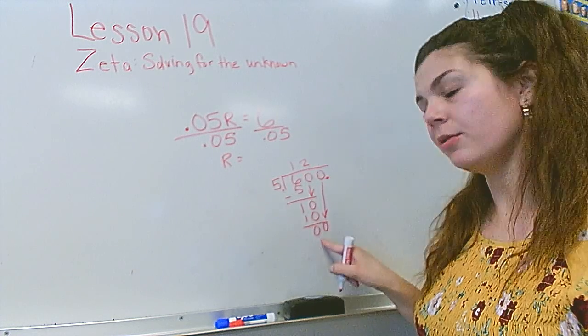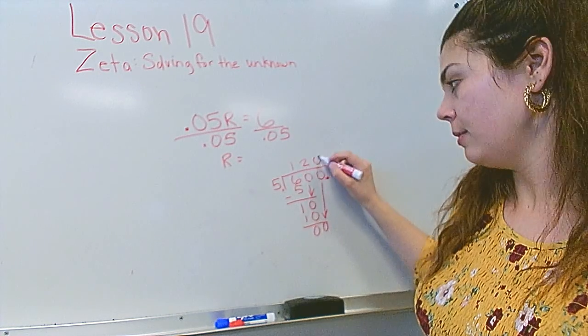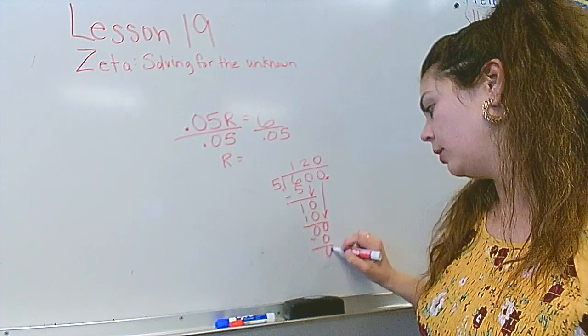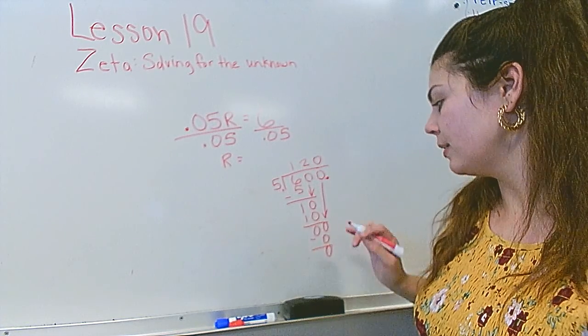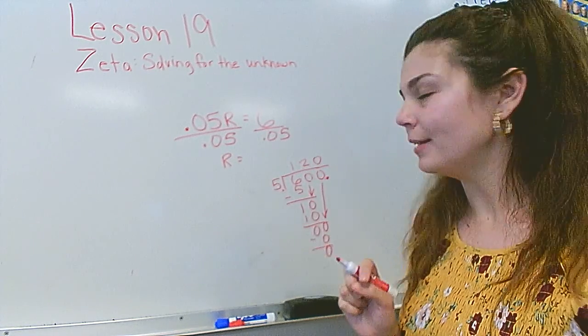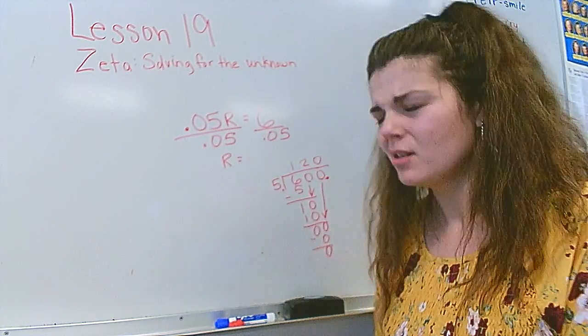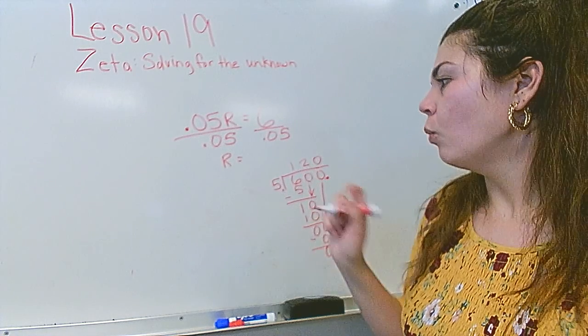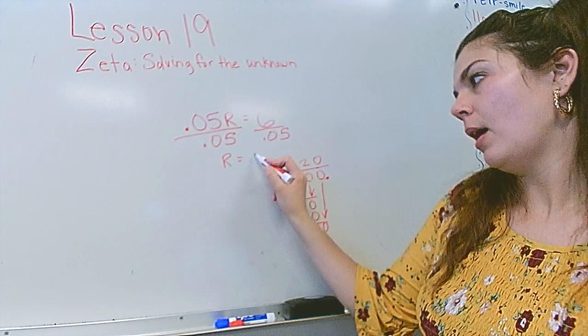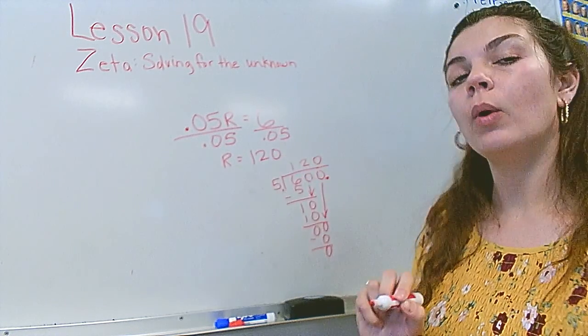How many 5s go into 0? 0. Alright, that is the end of my problem. My invisible point goes there. This is the end of my problem. It is a whole number, has no remainders. Score. Alright, so here we look, and my answer is 120. So I have r equals 120.